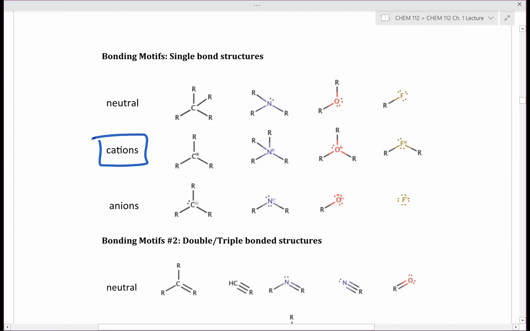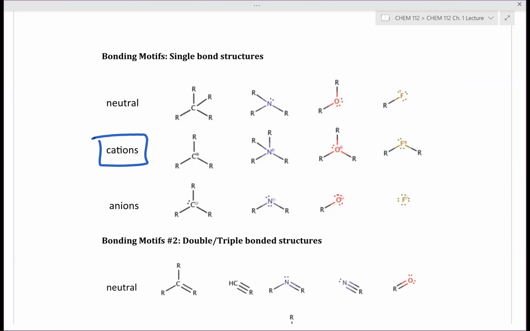For cations, carbon forms 1 less bond. For nitrogen cations, following our formal charge rules, you'll generally see a nitrogen with 4 groups attached. I'd encourage you to try out the formal charge calculation for any of these motifs that you're not sure about. All of these are common bonding motifs for each cation and anionic species you'll see as part of larger structures.